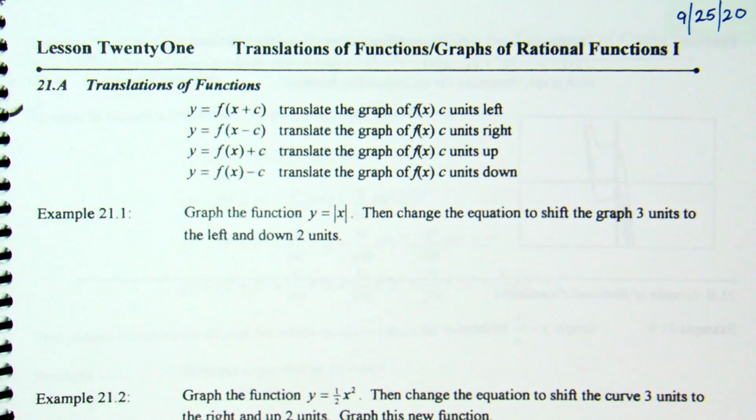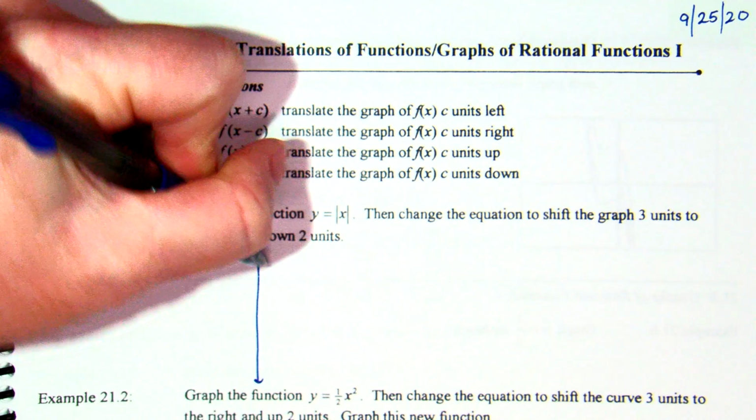So, what do you guys remember about the function y equals absolute value of x? Okay, it's that V. What about the basic V? Okay, so that basic V has the vertex at 0, 0.